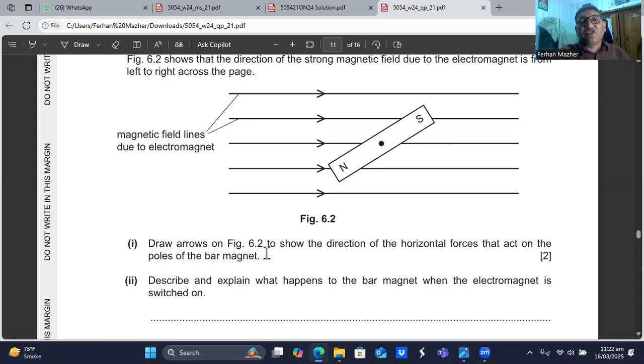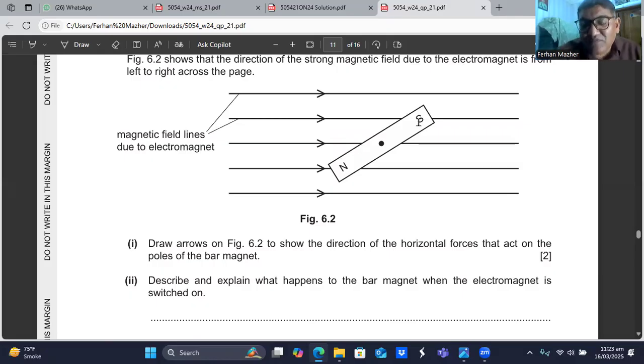Draw arrow on the figure 6.2 to show the direction of the horizontal forces that act on the poles of the bar magnet. You see, this north will experience a force along the direction of the magnetic line. So the force created here on the north due to these magnetic lines will be towards the right, and the force exerted on this south will be towards the left.